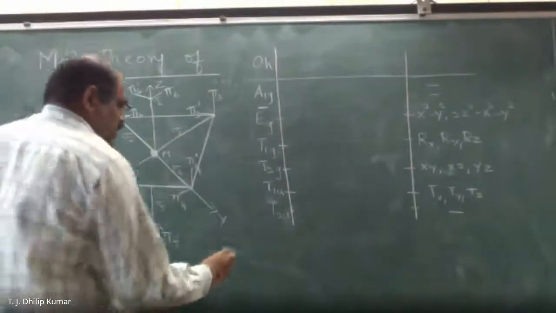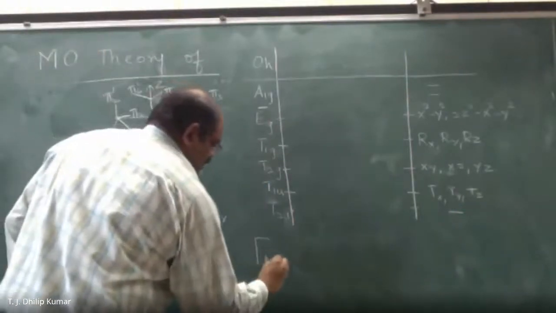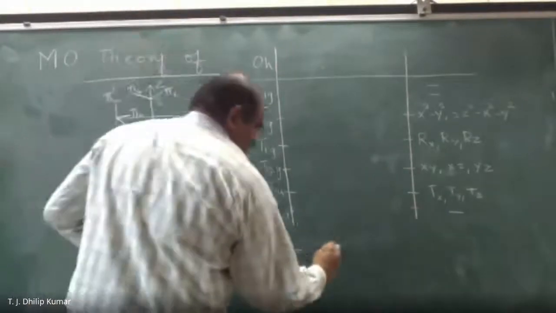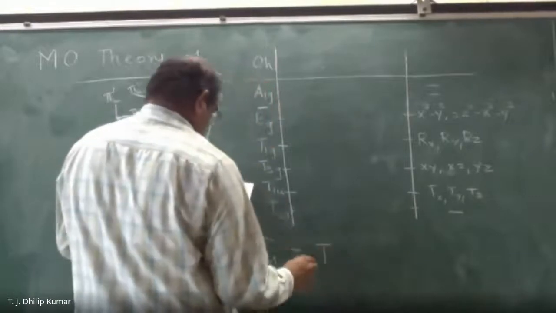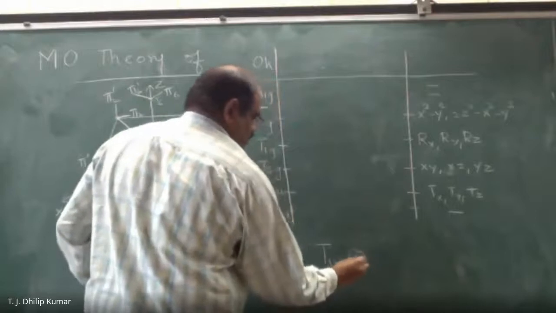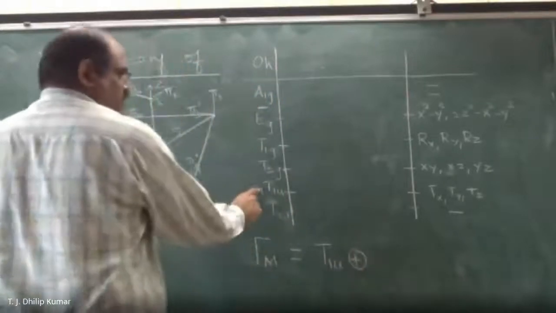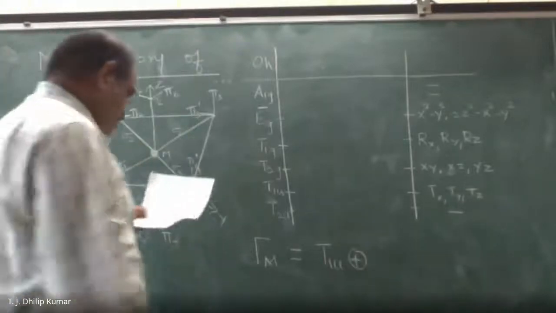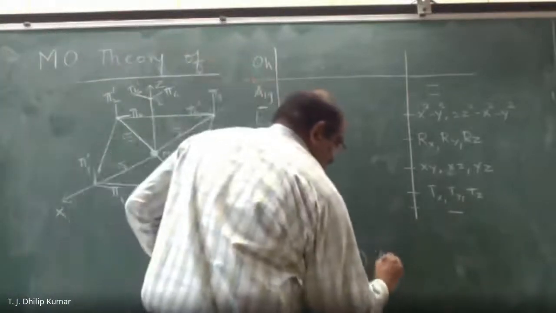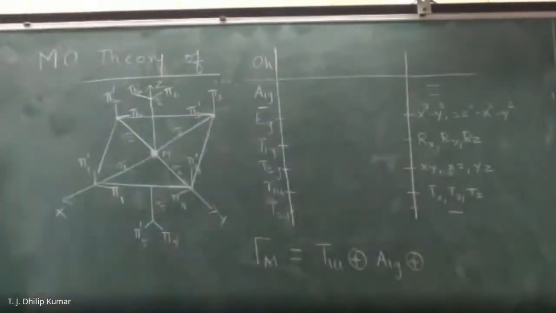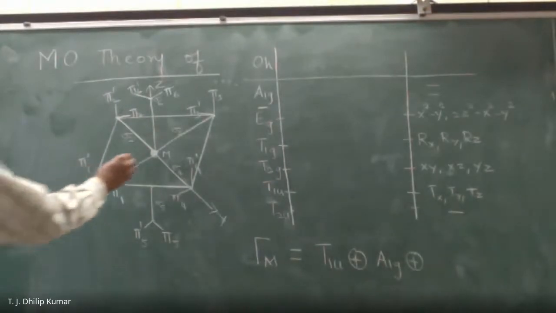For the central metal atom, the irreducible representations include T1u, since xyz vectors are present. Then A1g is very simple. Since it's spherical, A1g has to be there. So A1g will always be there because it is spherical in shape.